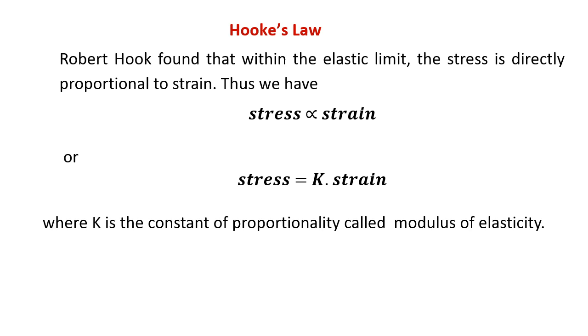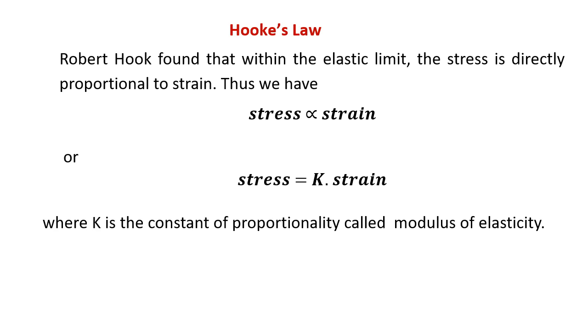By the term elastic limit, we mean that if a small load is suspended from a wire, its length increases. When the load is removed, the wire regains its original length. But if a sufficiently large force is suspended from the wire, the wire doesn't regain its original length after the load is removed.